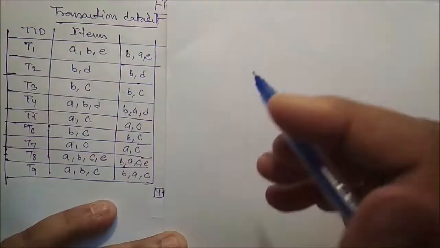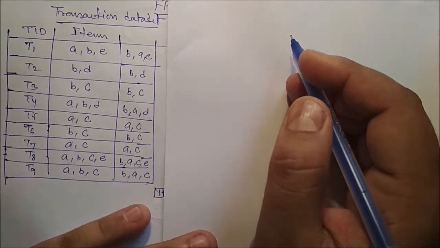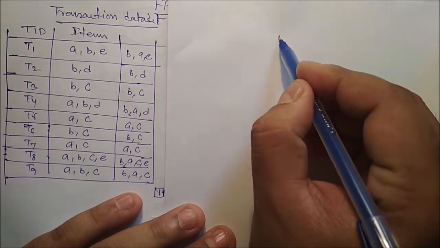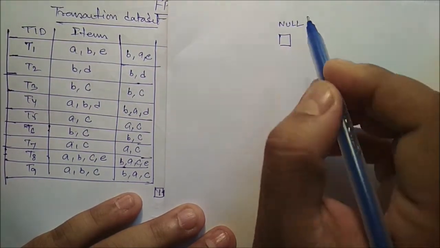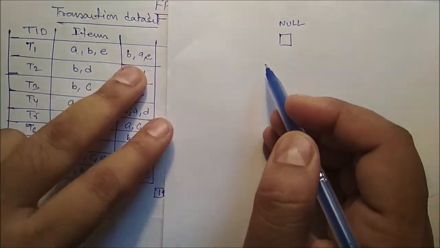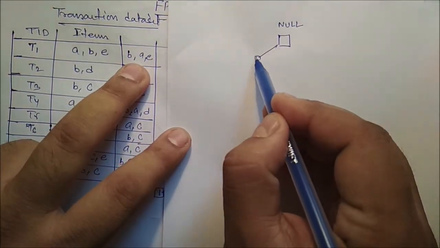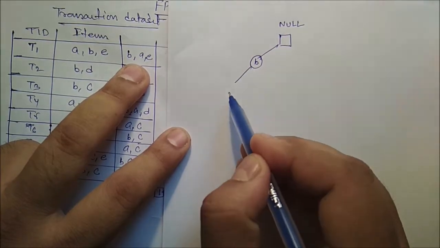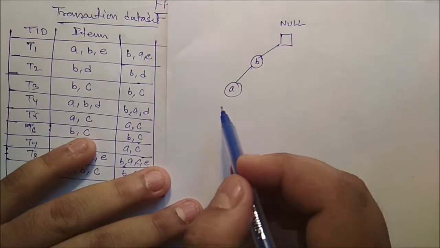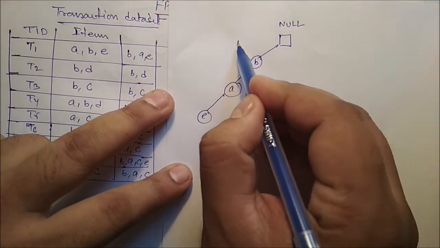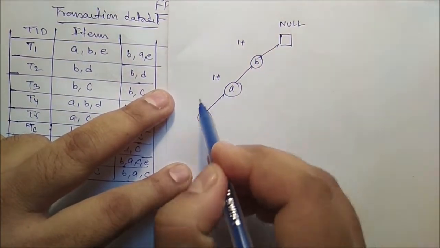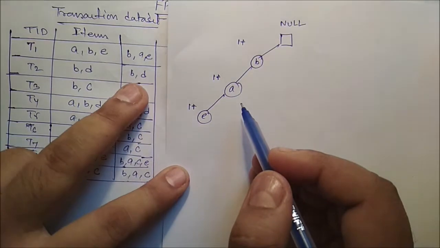After that we have to construct the FP tree. Initially the root is null. After that it is BAE, sorry, B, A and E, with counts 1, 1, 1. Then BD.